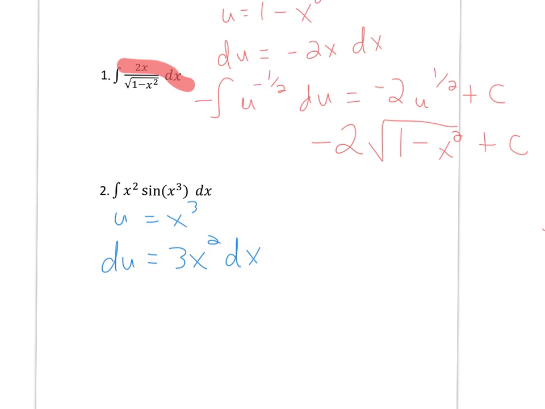And of course we have the x squared dx, but we don't have a 3, so that means that we are going to put a 3 in there. That means we also need a 1/3 outside. So what that's going to mean for us is we're going to have a 1/3 integral, and then we're going to have sine u du, and that's what we're going to have left.